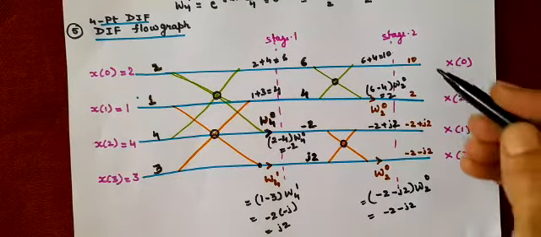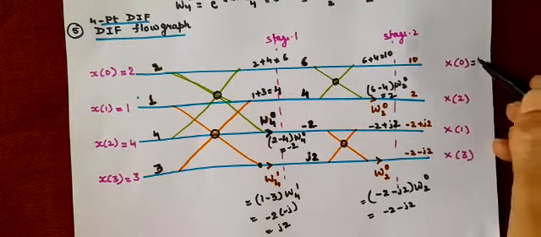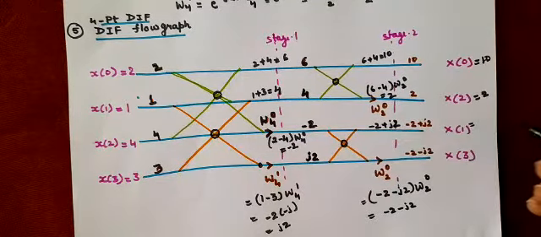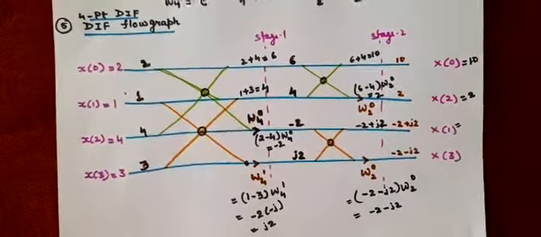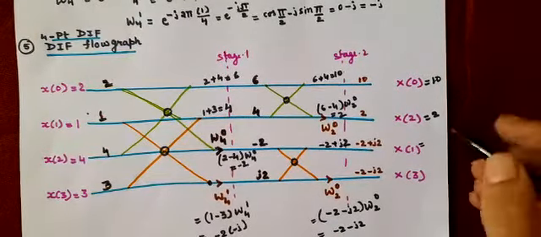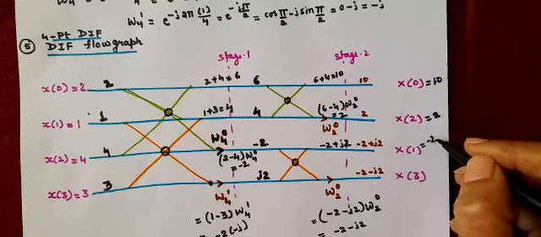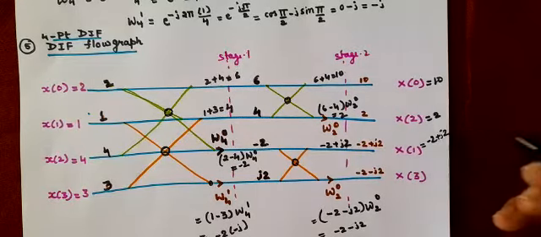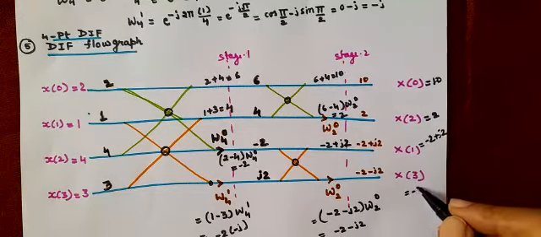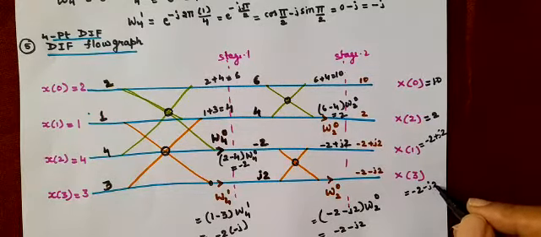So we got the values as 10, 2, minus 2 plus j2, and x of 3 is minus 2 minus j2.